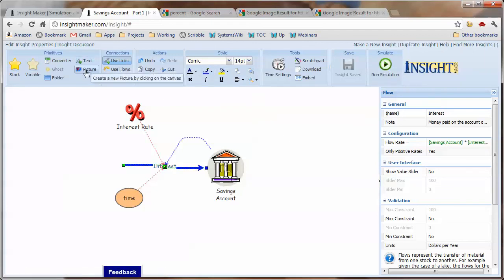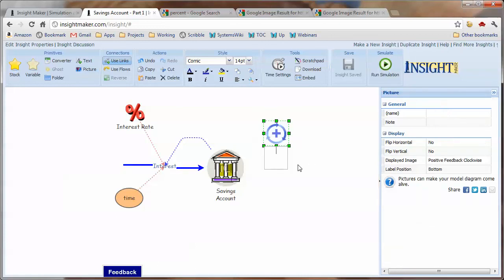And as a result, this creates what's referred to as a reinforcing loop, only it goes in the other direction.